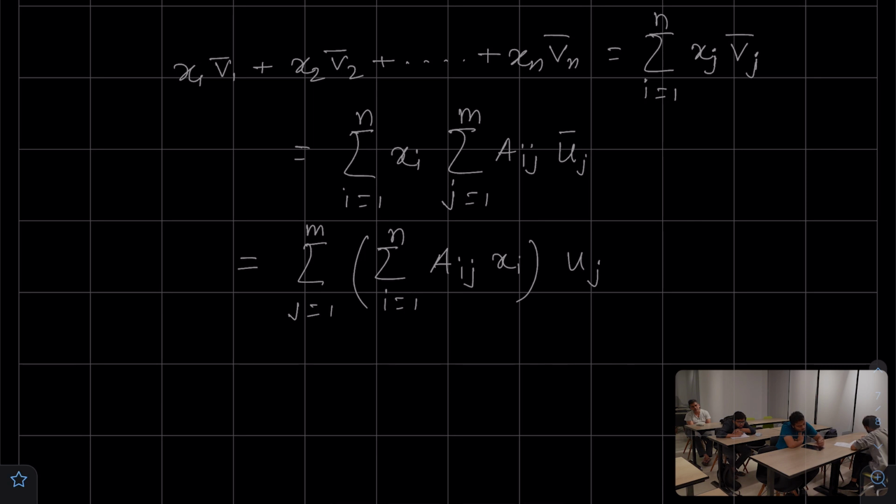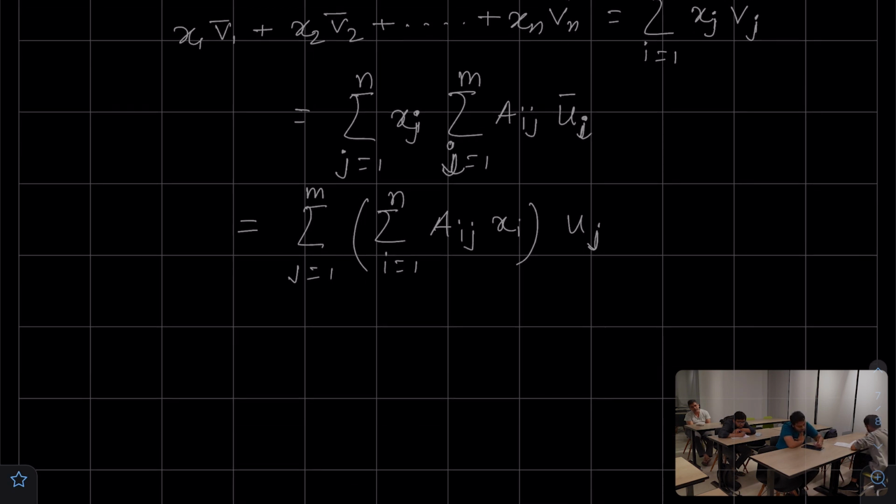So then this is just j, j equals 1 to n, and this is i, ij, and this is uj, the vector.